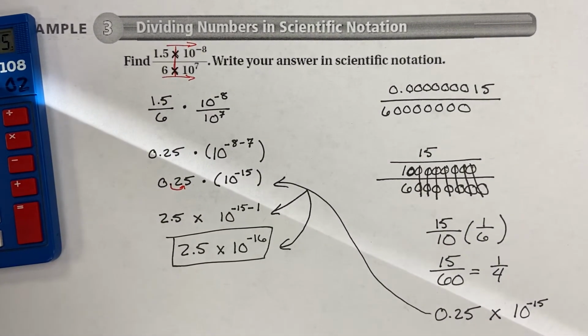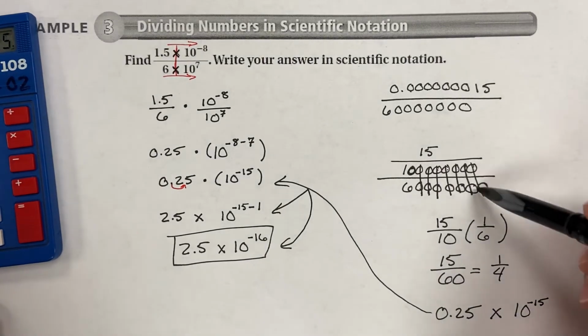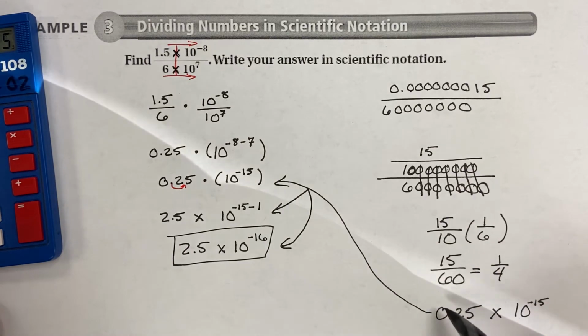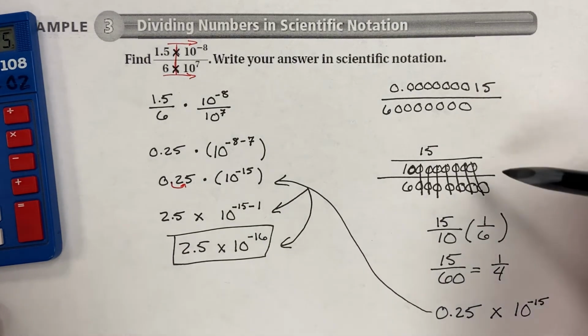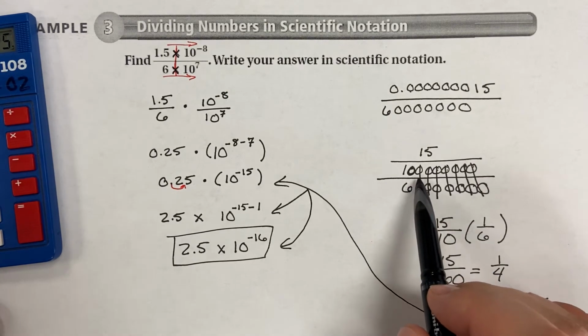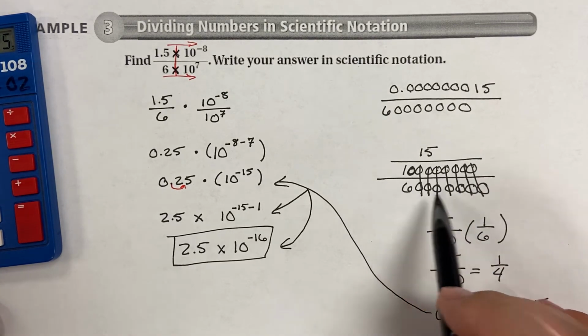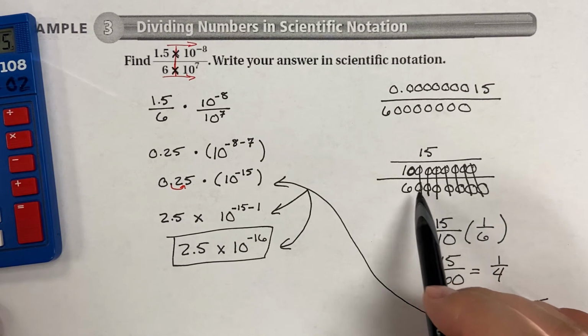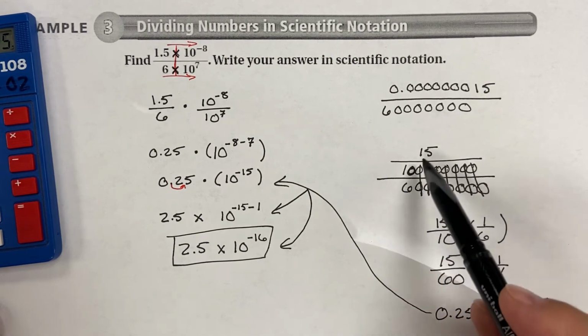So as a refresher, when you see me cancel these out, this is just how I can think about it. That's how I got the 0.25, but I didn't actually cancel all of these, because this is what, 100 million, and this is what, 1, 2, 3, 4, 5, 6 million. But they're going to multiply.